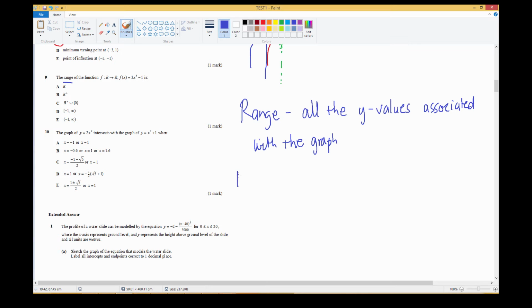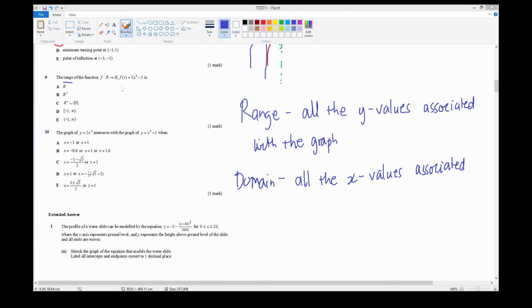And sometimes you ask for the domain. In this case, you're not asked for the domain, but just for definition purposes, the domain is all the x values associated with the graph.